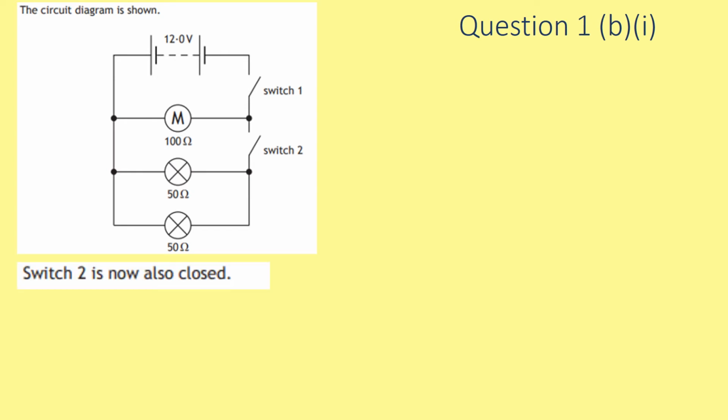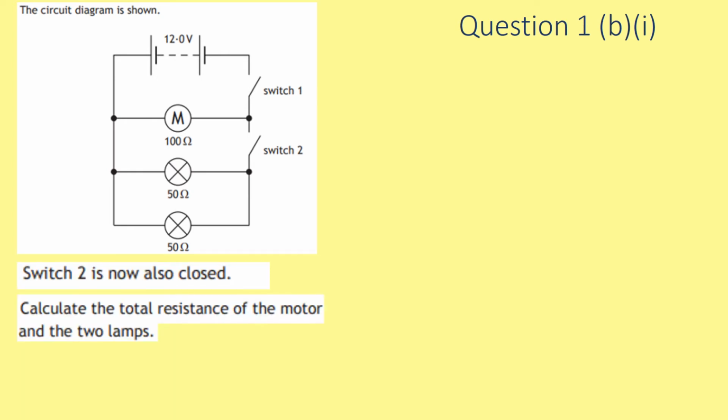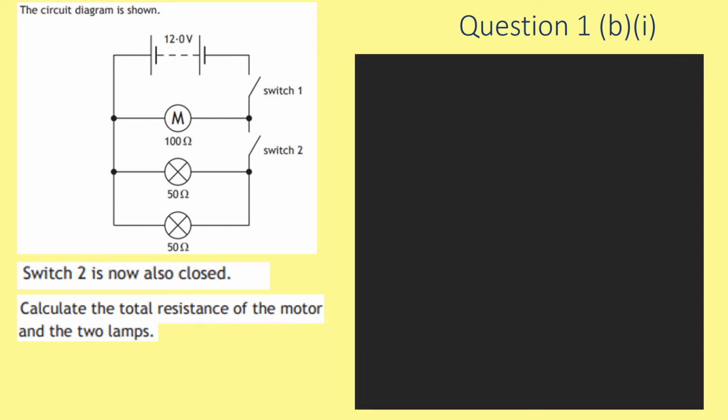1B, part 1. Switch 2 is now closed. Calculate the total resistance of the motor and the 2 lamps. So first of all, write down what we know. We know the first resistance is 100 ohms. Second resistance is 50 ohms. And the third resistance is also 50 ohms.